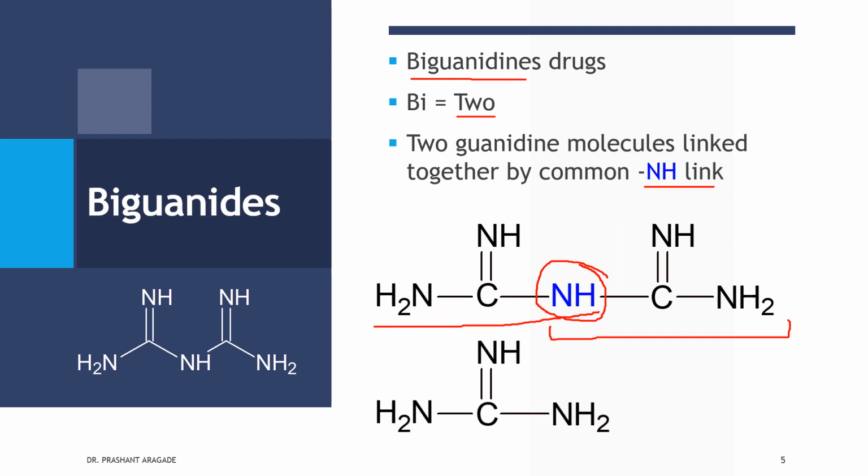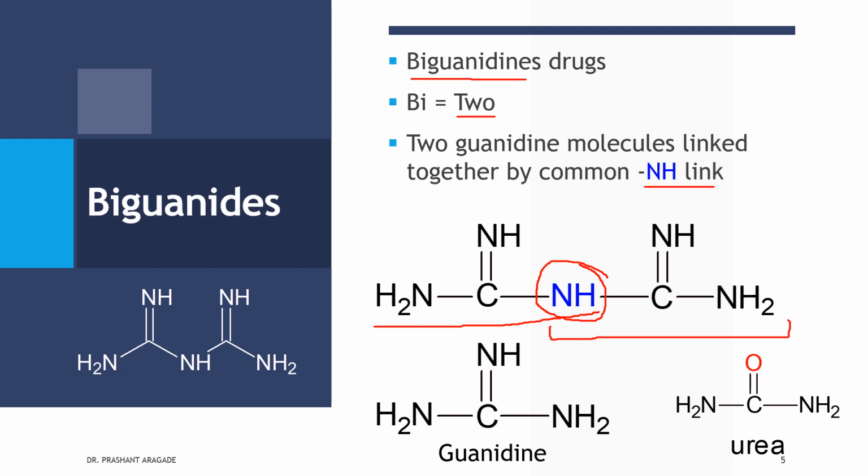It will be very easy to remember the structure of guanidine if you know the structure of urea. You know the structure of urea, that is NH2 C double bond O NH2.